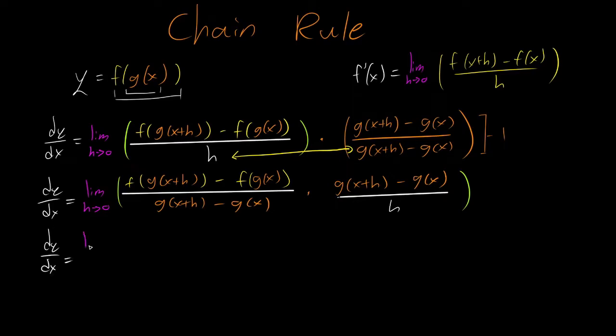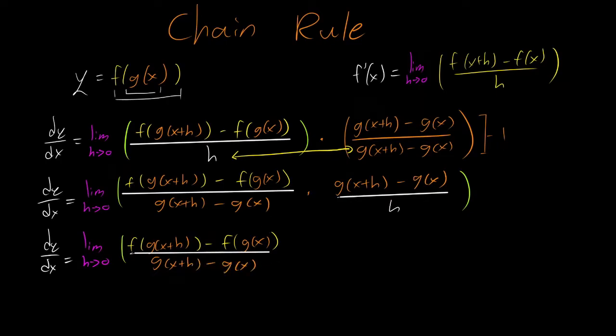So dy dx equals the limit as h approaches 0 of f of g of x plus h minus f of g of x all over g of x plus h minus g of x, and we're going to multiply it by the limit as h approaches 0 of g of x plus h minus g of x all over h.